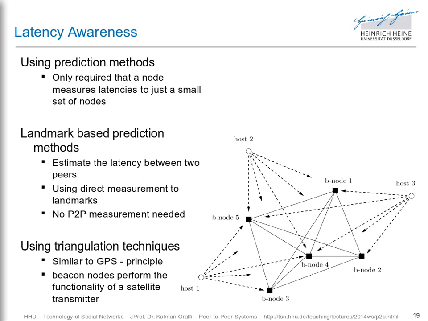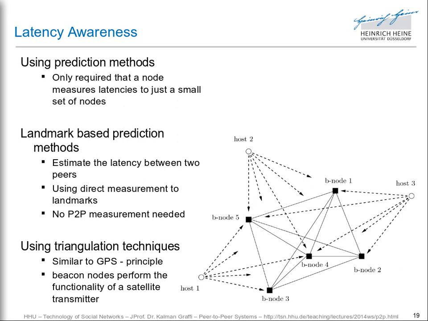Yes, the positions of these B nodes, landmarks, are well known, and according to this, a node can determine a pseudo-location. Okay, and this pseudo-location can be compared between other nodes to find low latency nodes.